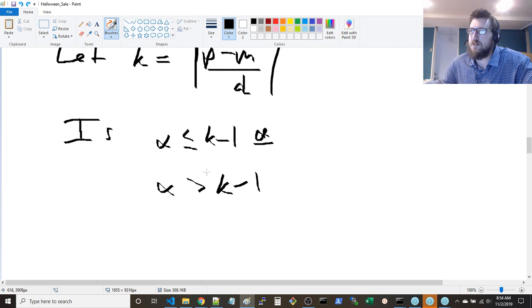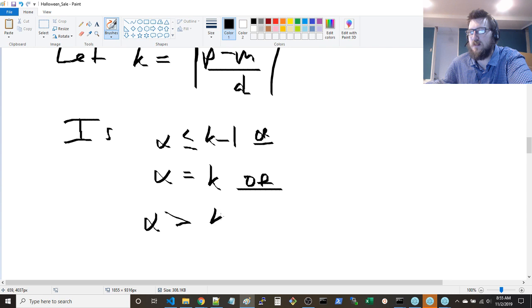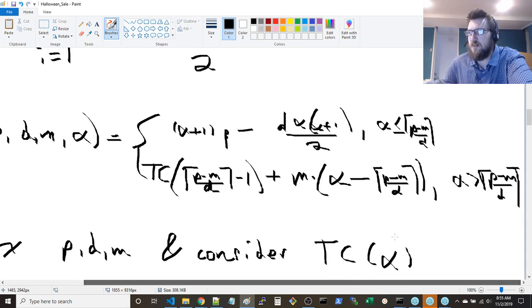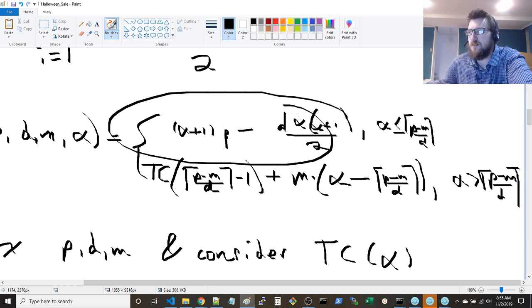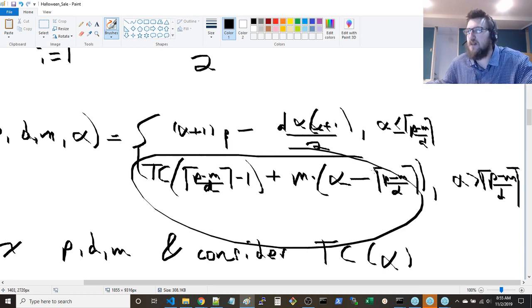Oh, no, these are different. No, these are very different. What am I doing? Uh-oh. No, I think I have good reason to be confused. If alpha is k, then you get this equation, and then k plus 1, you get this one.